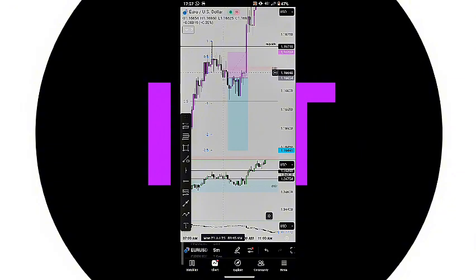After price closed below it, I waited and after seeing this price respecting this 5-minute fair value gap which was created at 8:40, I decided to enter market short right here on this candle which was formed at 9 a.m.